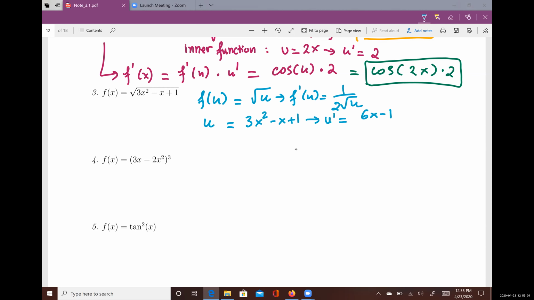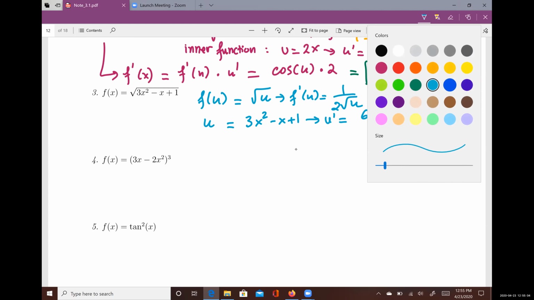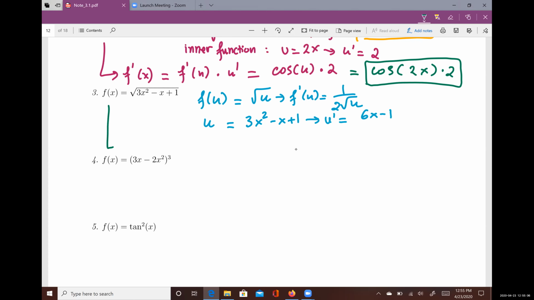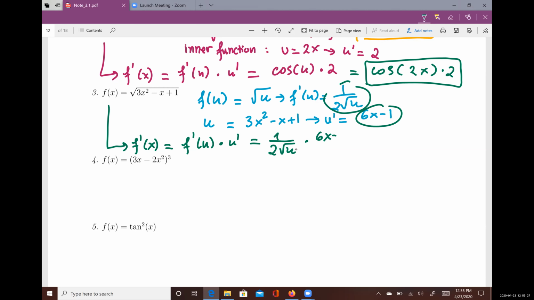Okay, so from here, we can find the derivative of this function, which is f prime of x, equals f prime of u times u prime. So f prime of u is 1 over 2 square root of u, times u prime, which is 6x minus 1.